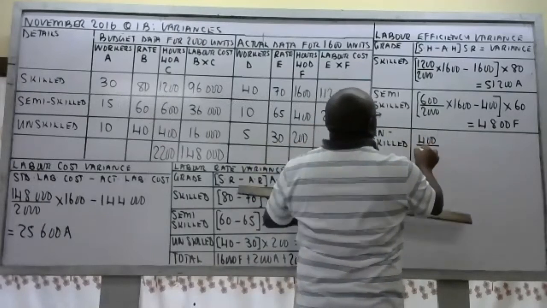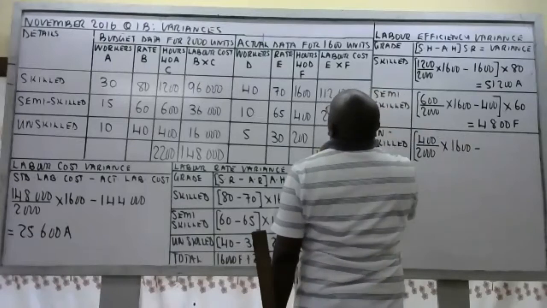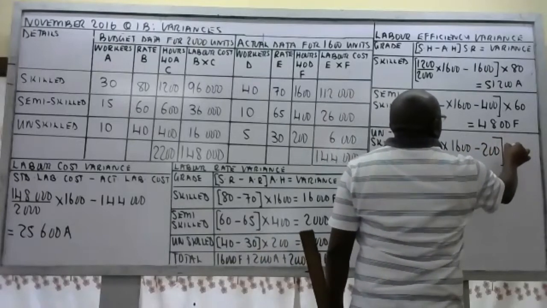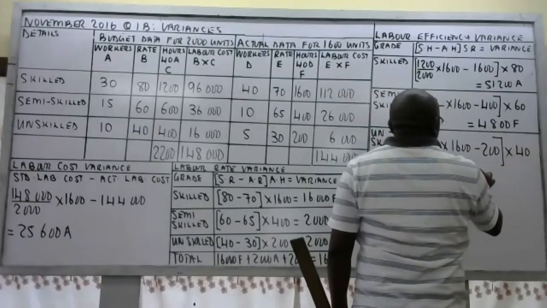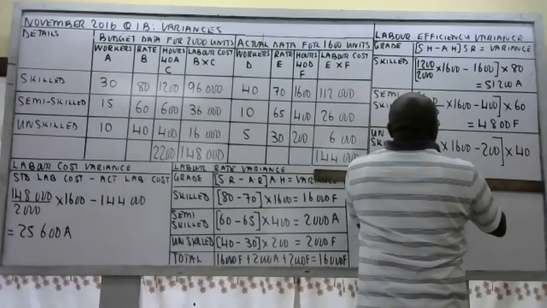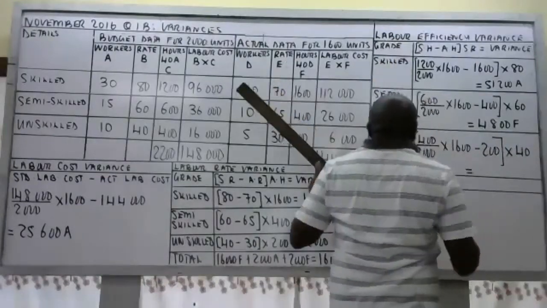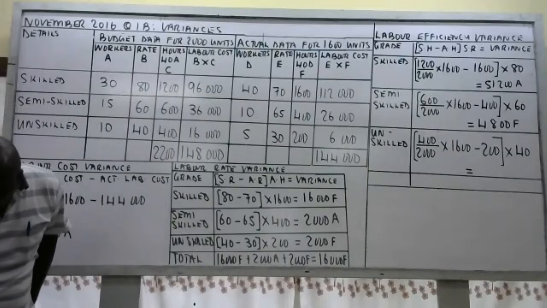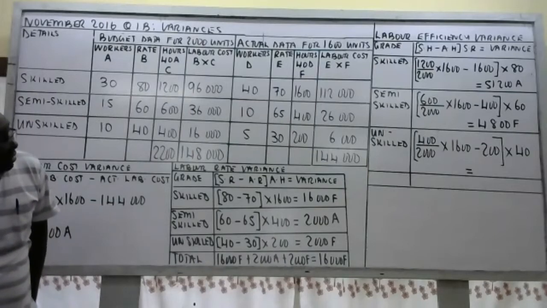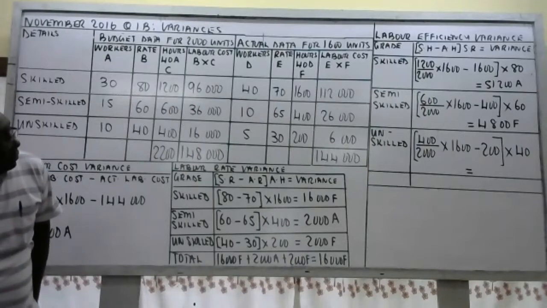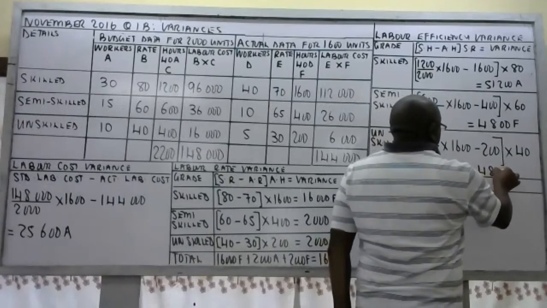You divide by 2,000, multiply by 1,600, minus the actual of 200, and multiply by the standard rate of 40. It is also 4,800, which is favorable.